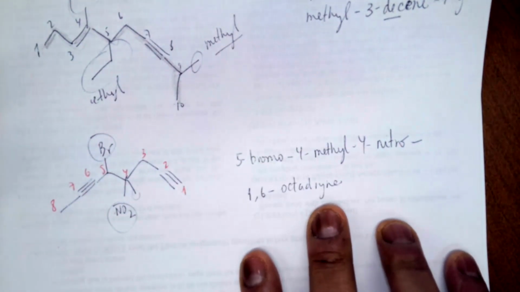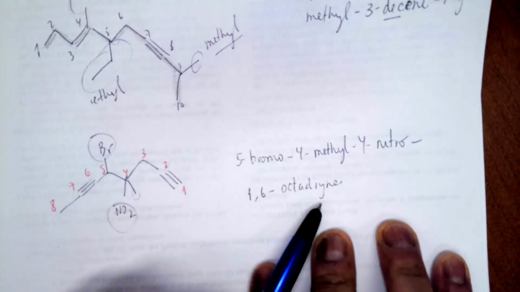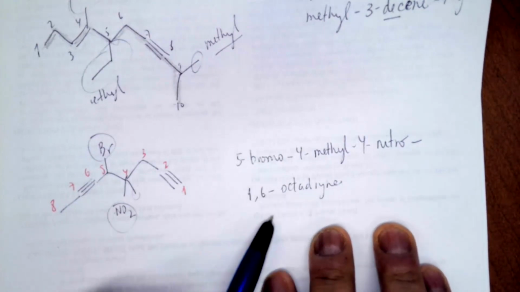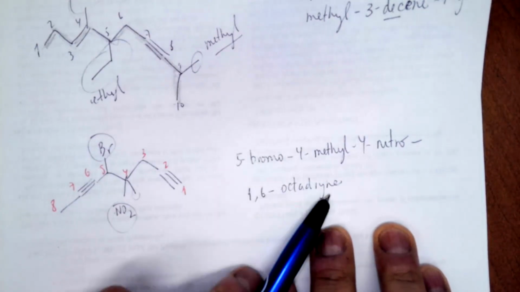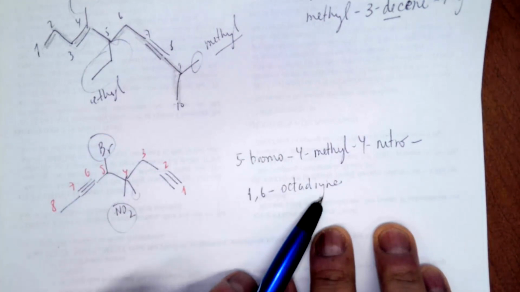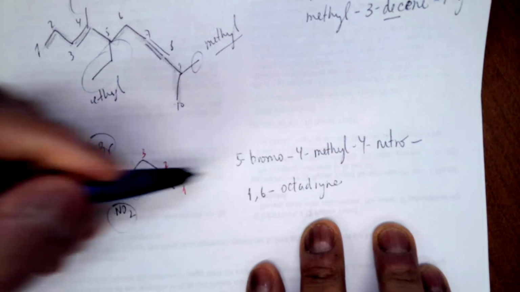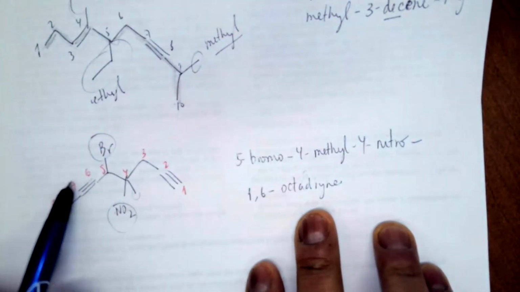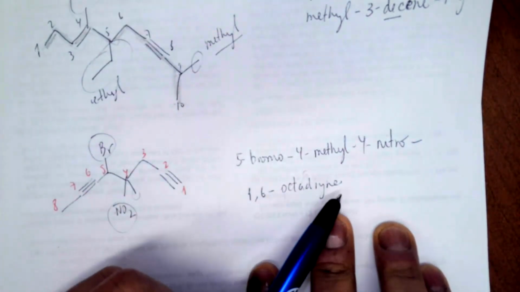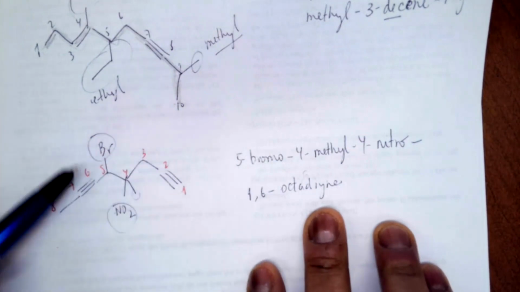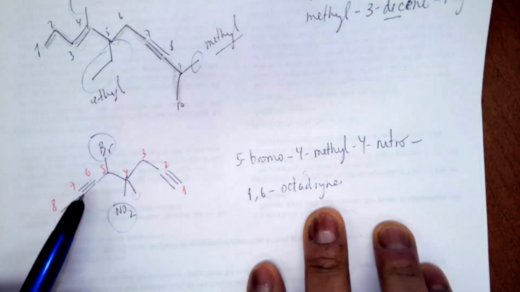No, it's diene. Yeah, here is diene. Okay, so 1,6-octadiene. Right, so it's because of the ending. Yep. So that would be the name for this compound. Di, because you have two alkenes, right? Diene. Yep. So that would be the name, 1,6, because my alkene is carbon number 1 and then carbon number 6. Okay, let's come back here.